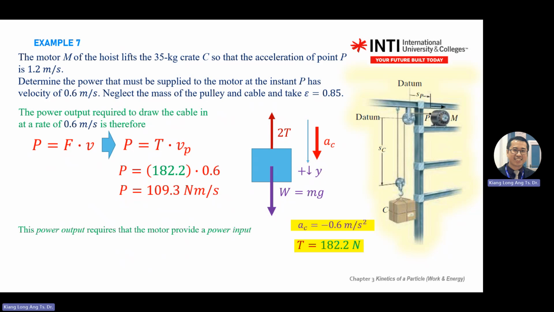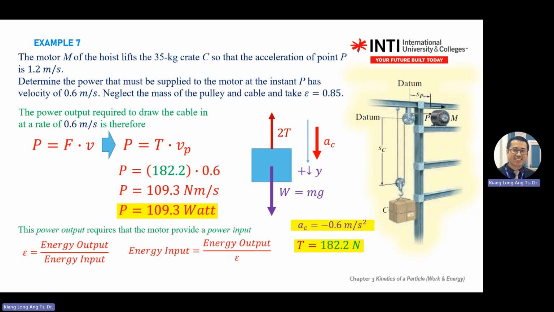So you pull out the equation: efficiency equals power out divided by power in. You substitute the values. You want to know what your input is. This is your output, what you see supplied by the motor.